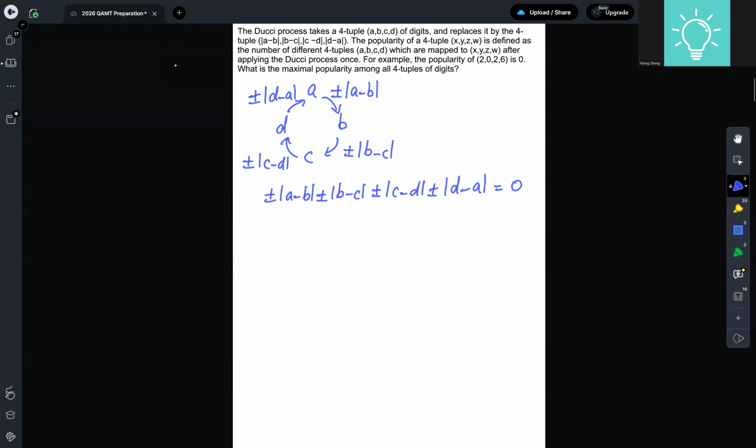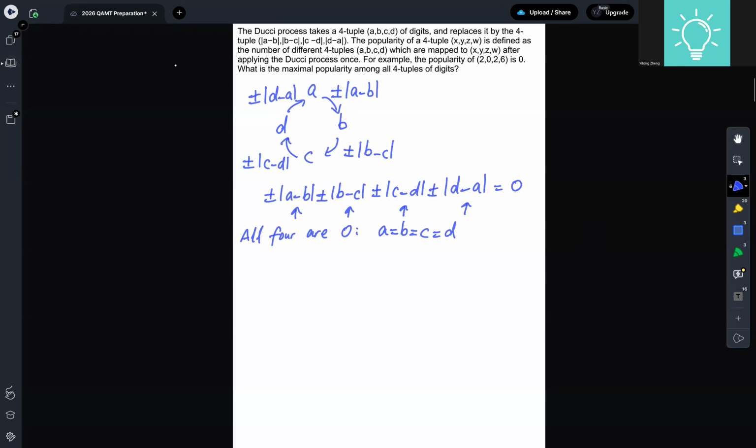So consider these four numbers. What could they possibly be? Well, what happens if all four are 0? Well, their sum is definitely going to be 0. If all four are 0, then that means A, B, C, and D are all equal.